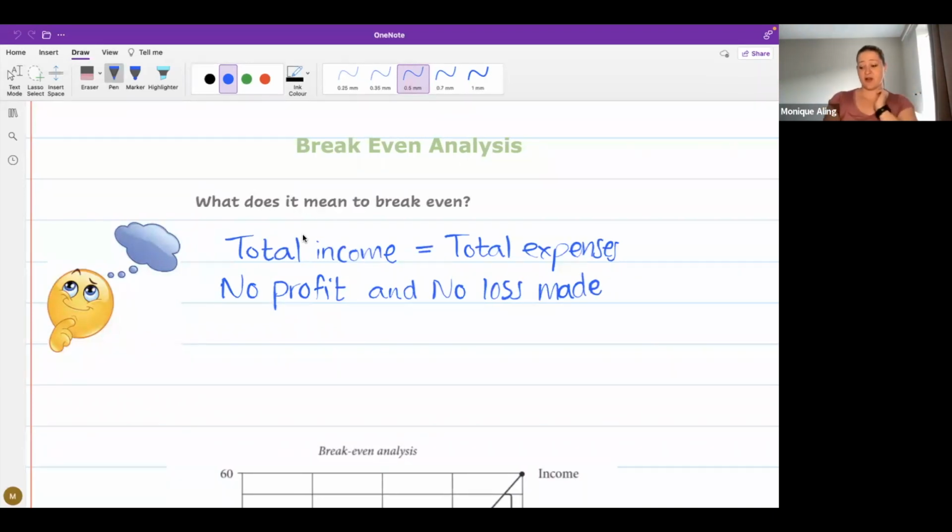Okay, so that is also a definition that you could use for break-even point. It's very possible that at the end of the year on your prelim, you could be asked, what does break-even mean, or what is the break-even point? Okay, so you can say either one of these that we've written down, or you could say it is the point of intersection. Good job, Luto.